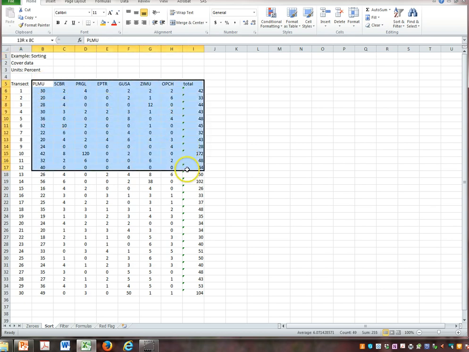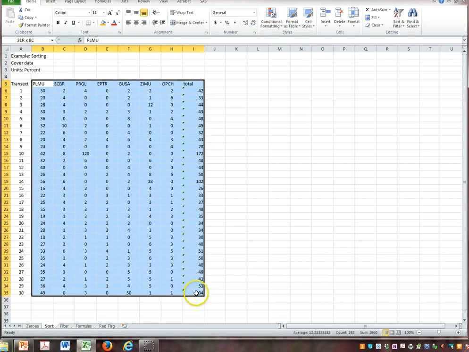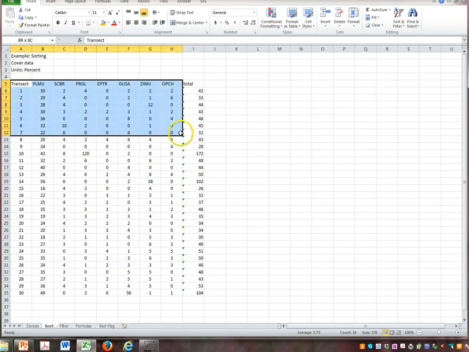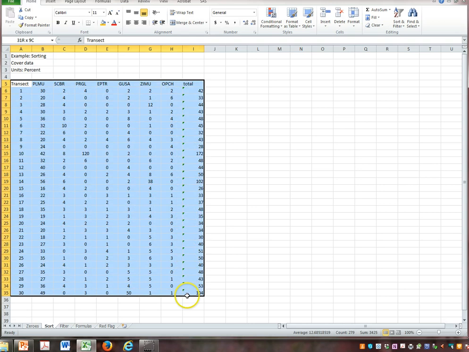Okay, so with sorting, the first thing we want to do when we're sorting is we want to make sure that we grab all of the data. We don't want to separate the transect numbers from the data, so this would not be a correct way to start. We'd want to start here and select all of the data so that all of the information that goes with one observation, say the data that goes with one transect, stays together.